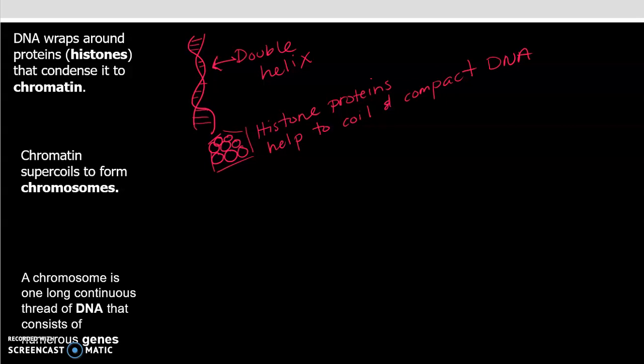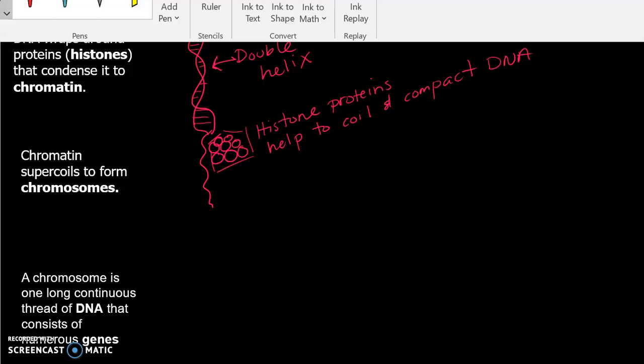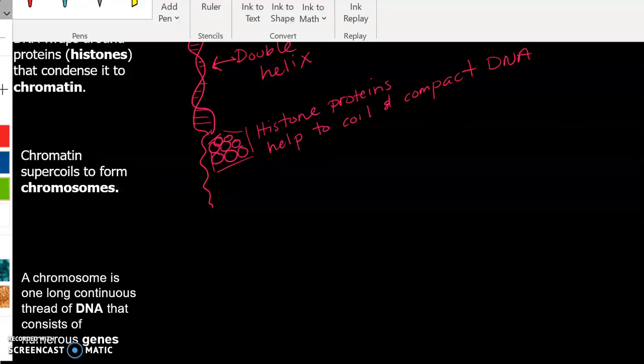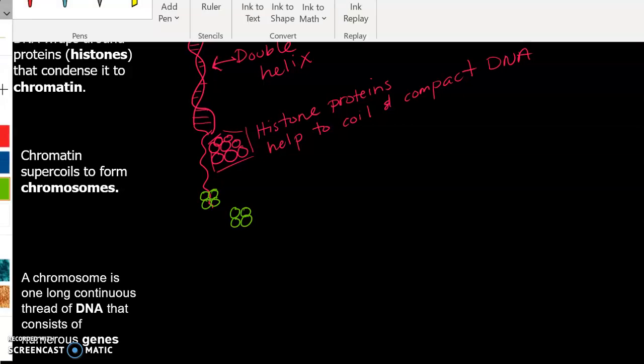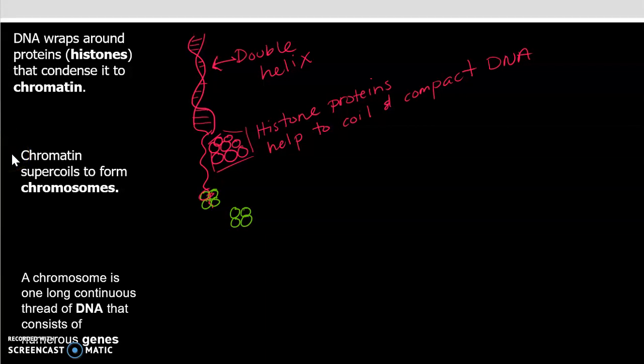So if I start to draw our DNA more as linear, these histone proteins are going to be the structures that our DNA is going to wind around and begin to condense. So our DNA will start to coil around these histone proteins and form what is called chromatin.